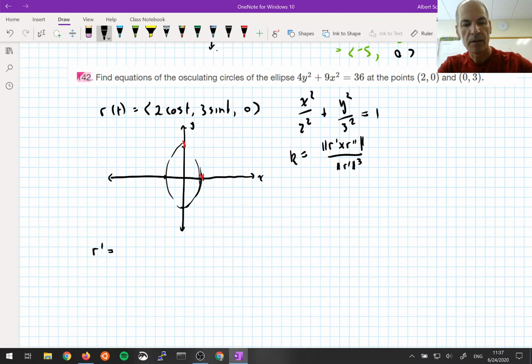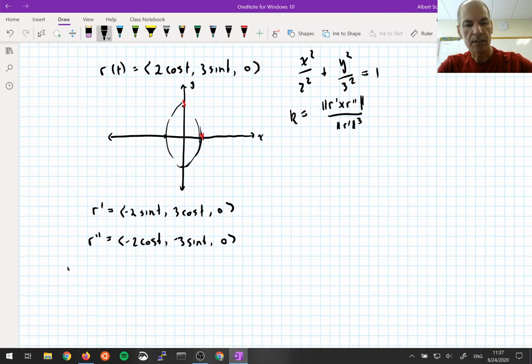R prime is going to be negative 2 sine t, 3 cosine t, and 0. R double prime is going to be negative 2 cosine t, negative 3 sine t, and 0.